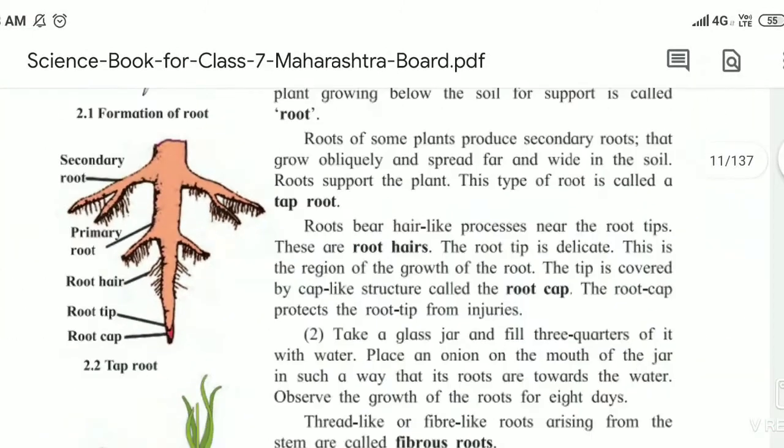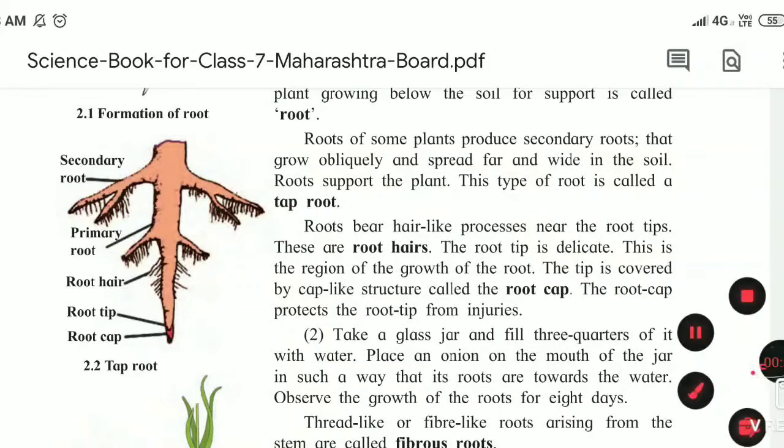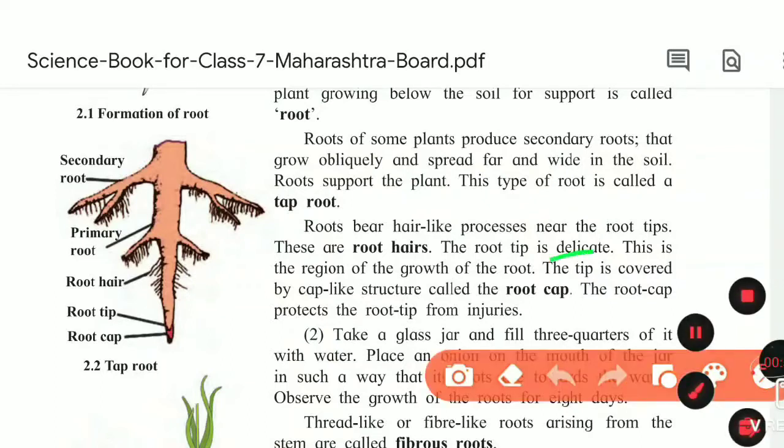The root tip is very delicate. If something hits on it, it breaks. So this is the region of growth of the root, and from that growth tip the root grows.